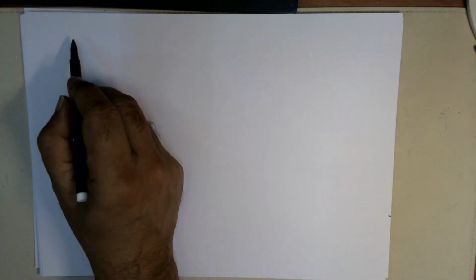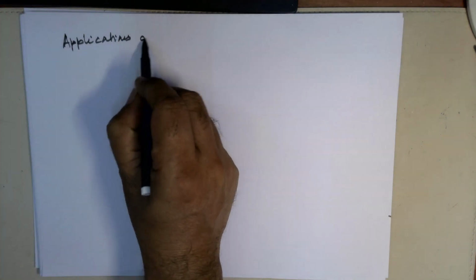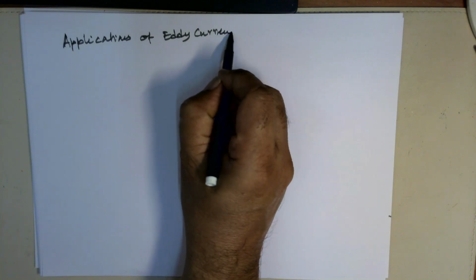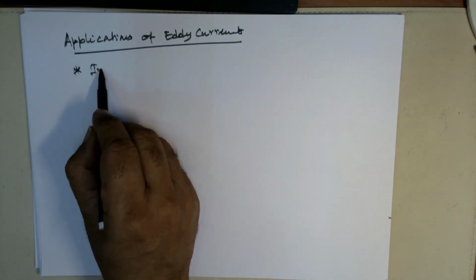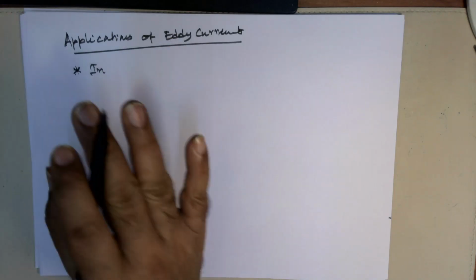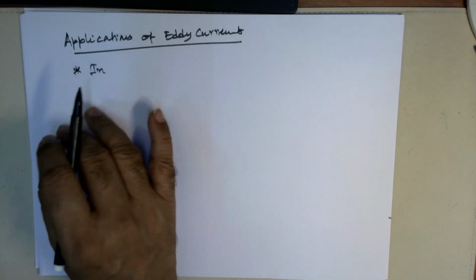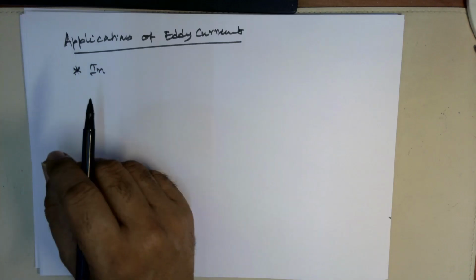Now, let us discuss some of the important applications of eddy current. It is used in induction furnace. See, in this world, nothing is waste. Anything can be exploited in a suitable way. For example, it is producing heating, and the same heat can be used to heat other materials.